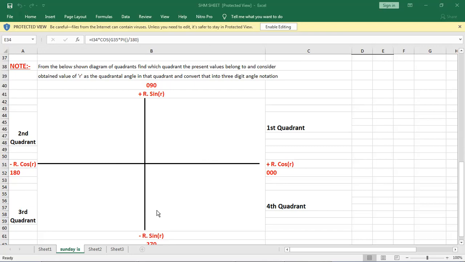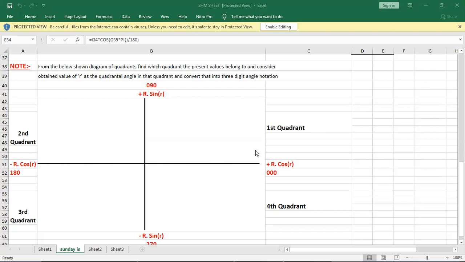So same like your compass system, you take the angles either from the north or from the south starting. So here also, whatever value of r is coming, depending on the quadrant, suppose it is 80 degrees, we will take 80 degrees from 000.